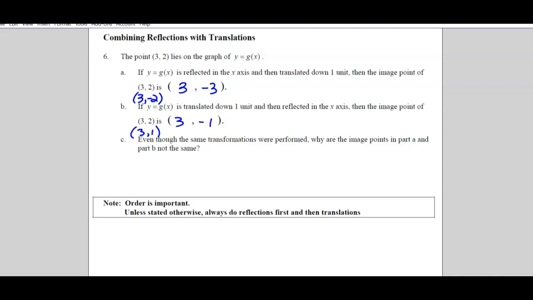Notice how they are different. Same transformations, but the orders were different. So the order the transformations were performed matters.